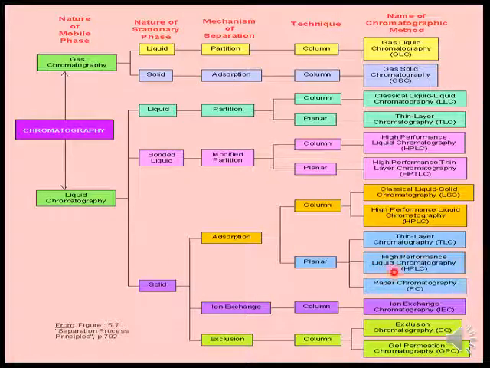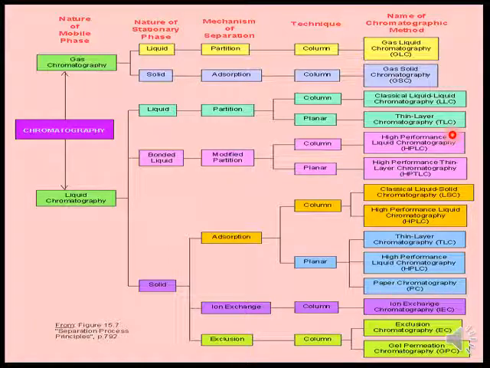High performance liquid chromatography, HPLC, we have this here in the faculty. And we have GCMS also, and GCFID: gas chromatography mass spectrometer, gas chromatography flame ionization detector.